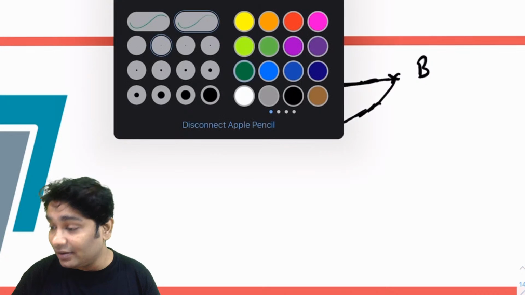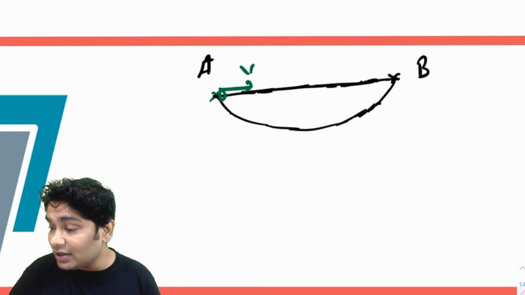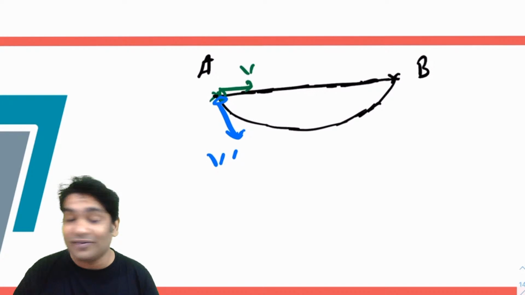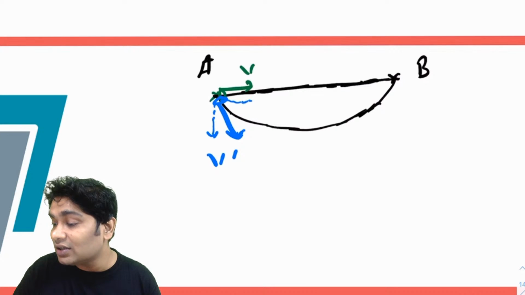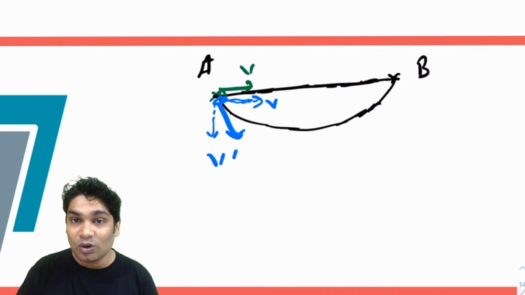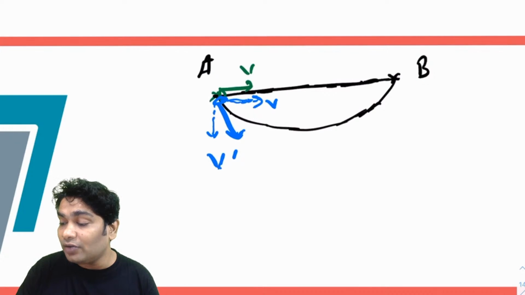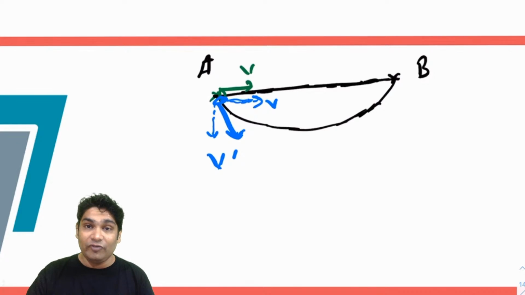And the second bead is launched from point A again along this wire with a velocity v dash such that v dash can be broken into two components, one this and one this, such that the horizontal component of v dash is equal to v. Remember this. Horizontal component of v dash is equal to v.